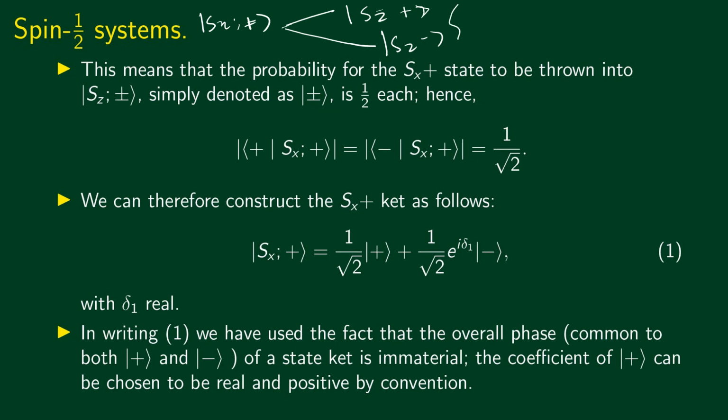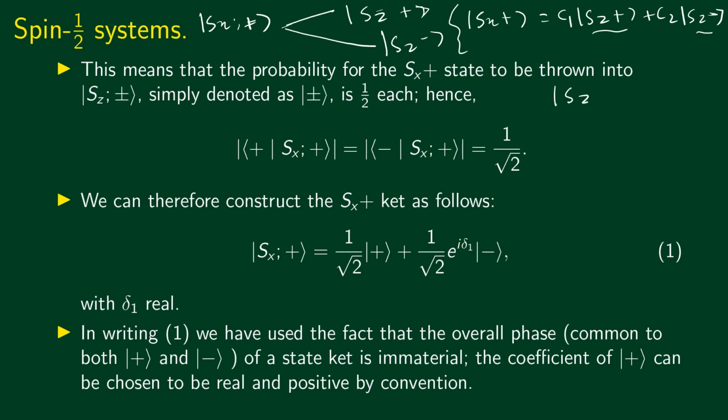Okay, this means again that you can actually write ket Sx plus as a linear combination of Sz plus and Sz minus. Right? Now we will be using these kets quite a lot, so we'll use a simplified notation.